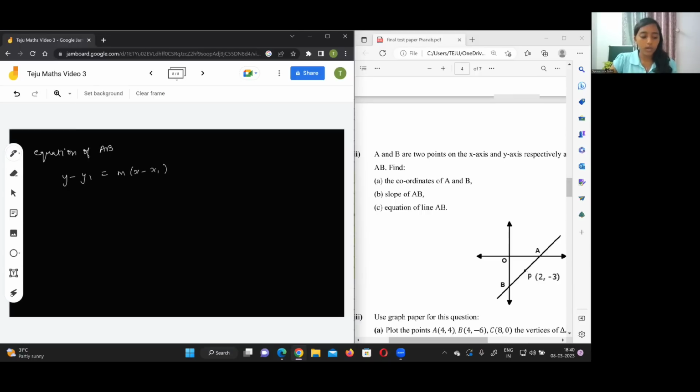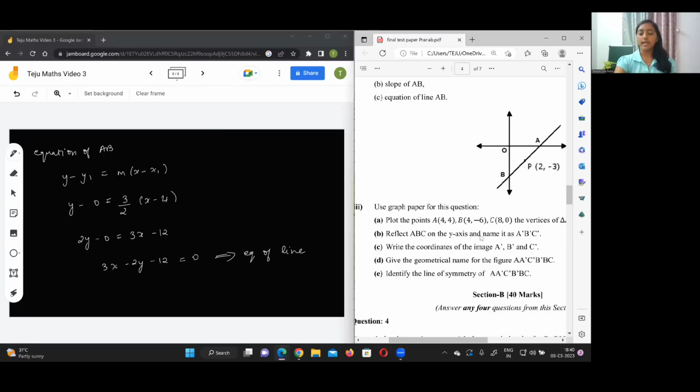So y minus 0 is equal to 3 by 2 into x minus 4, right? So what you get is 2y minus 0 is equal to 3x minus 12. So we get 3x minus 2y minus 12 is equal to 0 is the answer, the equation of the line. So this is your answer, and these are the 3 bits and direct marks.